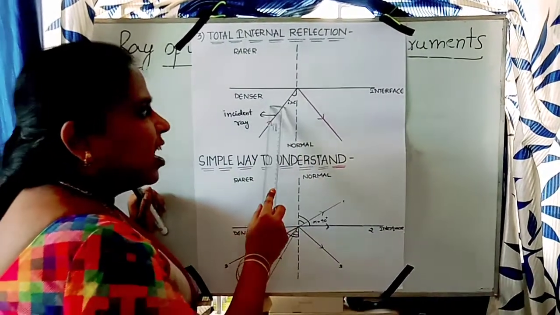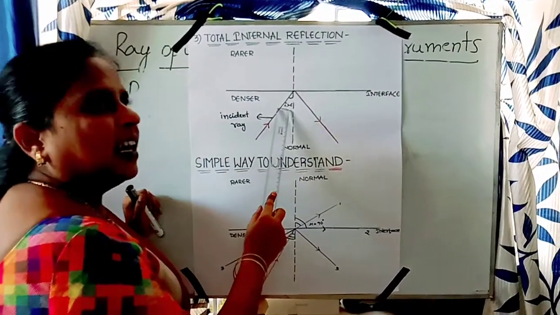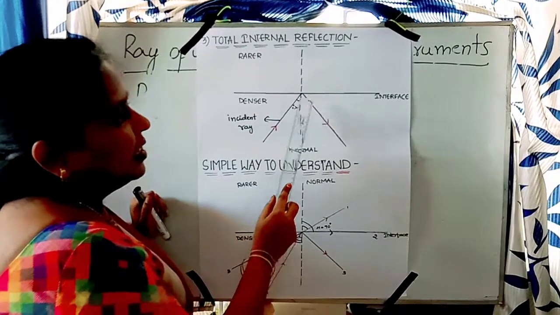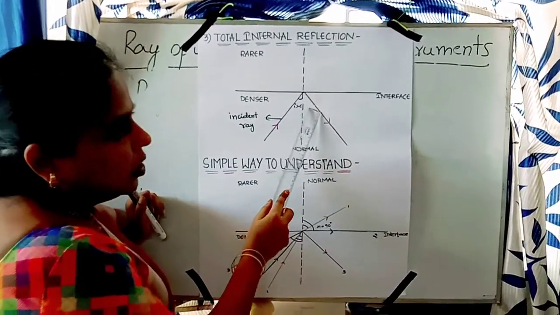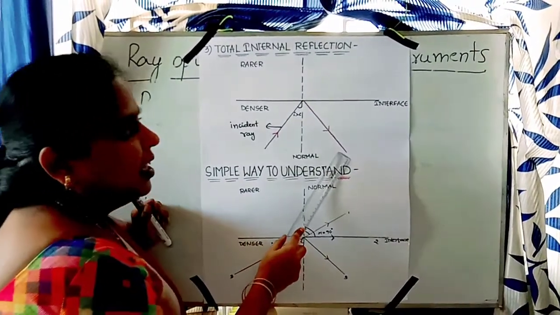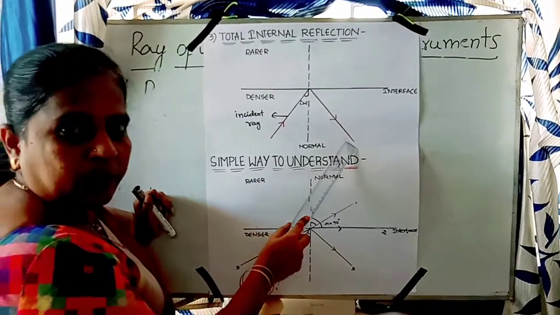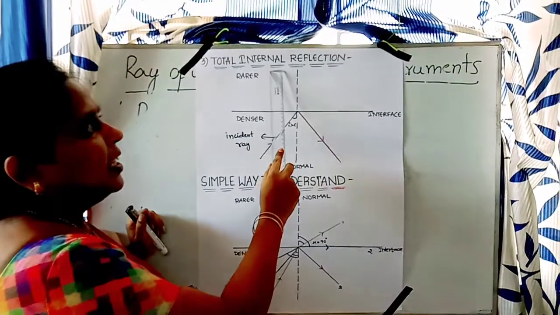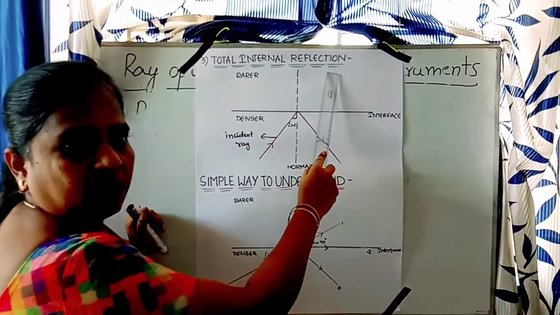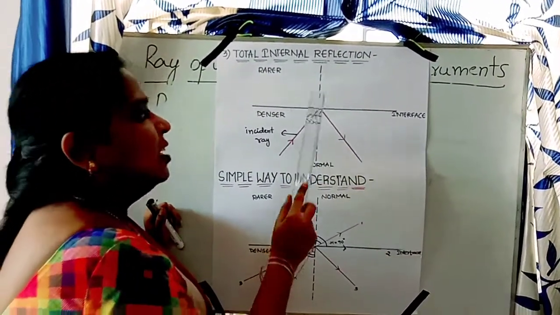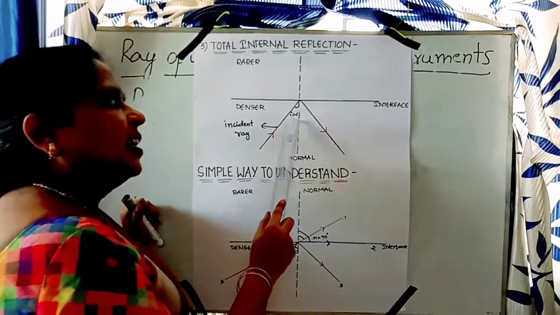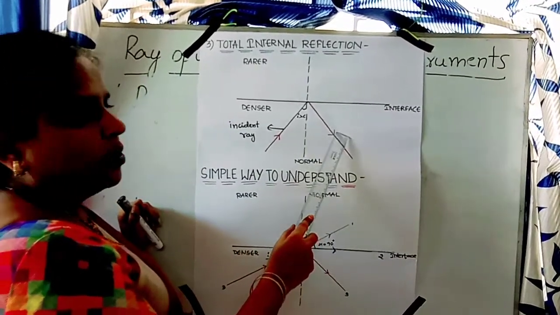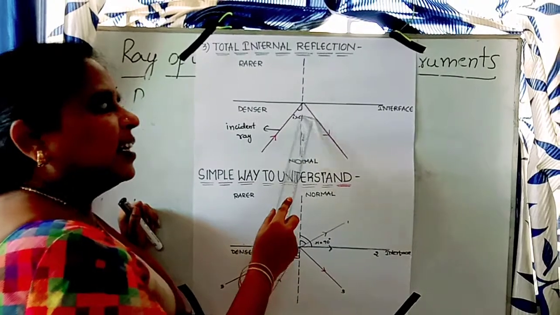So when the angle of incidence is greater than the critical angle, then the light ray is totally reflected into the same medium, that is, the denser medium. It is called total internal reflection. So here the condition is that the angle of incidence is greater than the critical angle.